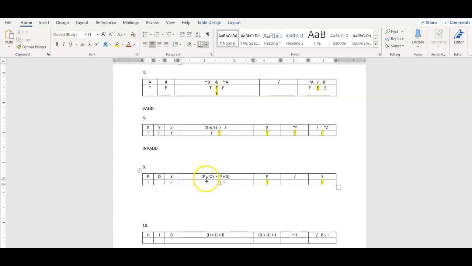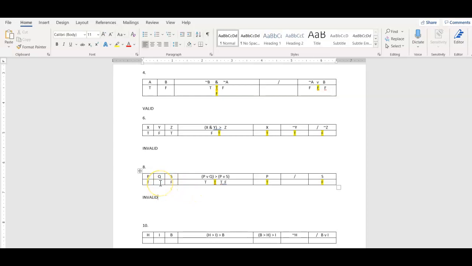It doesn't really matter what Q is, right? Because as long as P is true, this disjunction is going to come out true. So we have true antecedent, true consequent, which does indeed give us a true conditional. And so that premise is true. And again, we've proven that the argument is invalid.